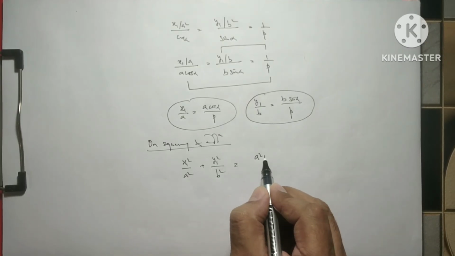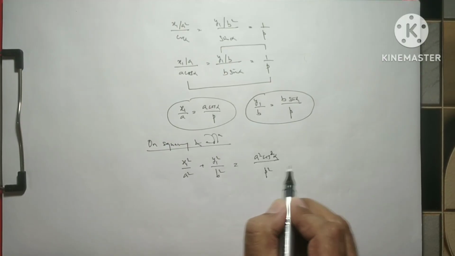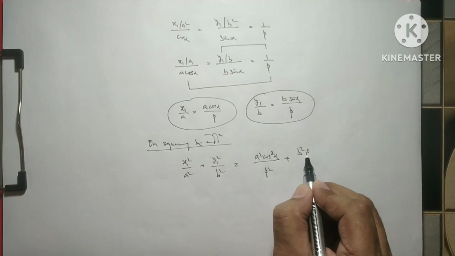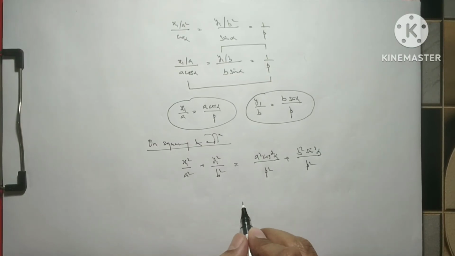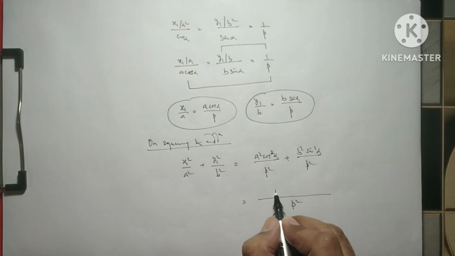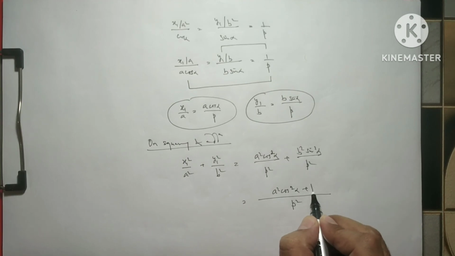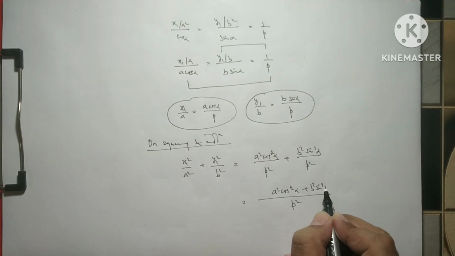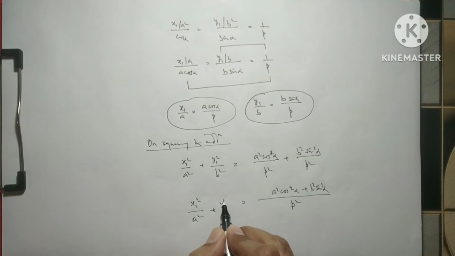This is a square cos square alpha over p square plus b square sin square alpha over p square, and this is the LCM p square. So it is a square cos square alpha plus b square sin square alpha over p square.